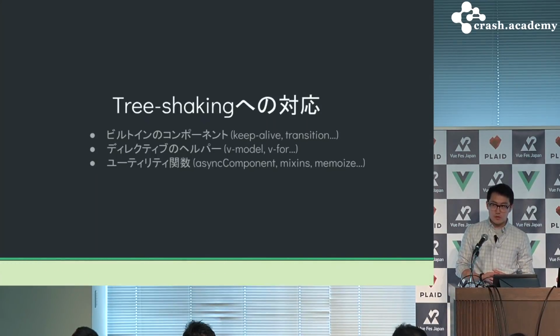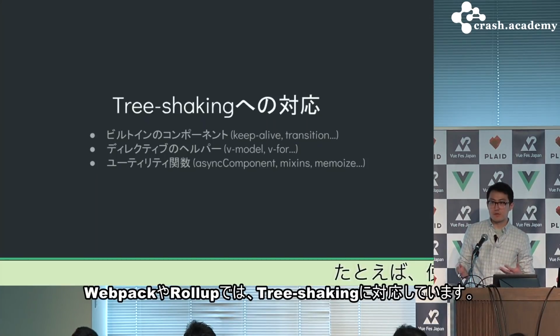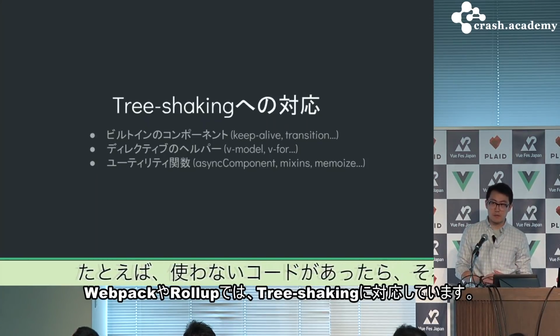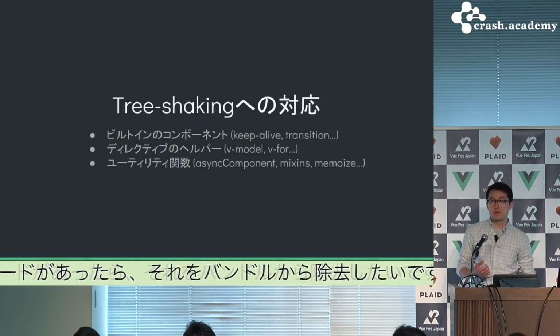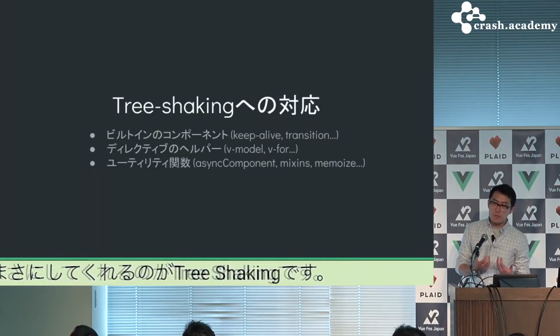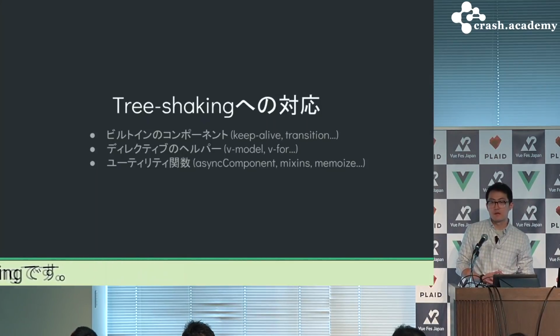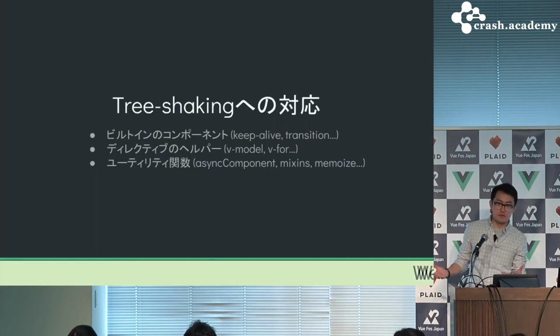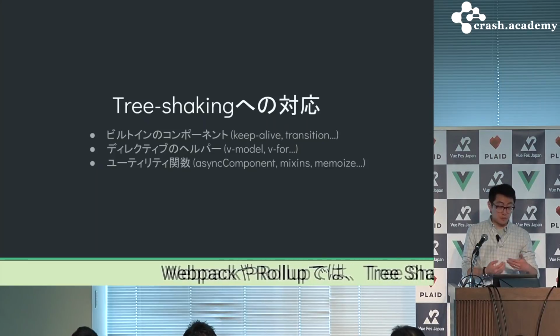When you use it with a modern bundler like Webpack or Rollup, both of which provide tree shaking capabilities, you will be using a build of Vue that's shipped as an ES module, and you will be importing things on demand. A lot of the things that you did not import will then be removed by the bundler when you build for production.